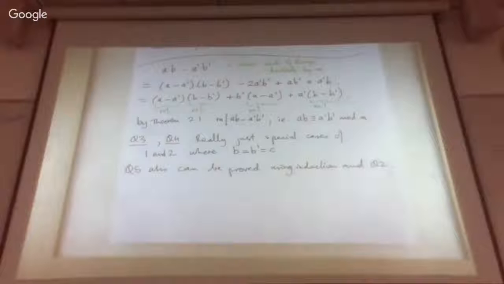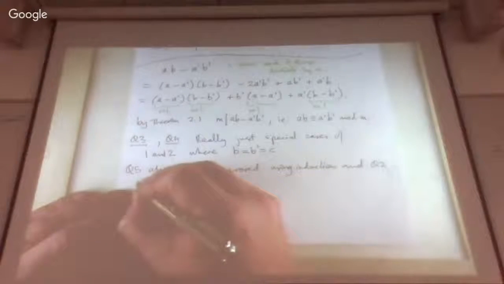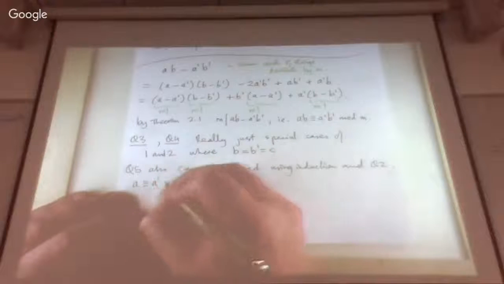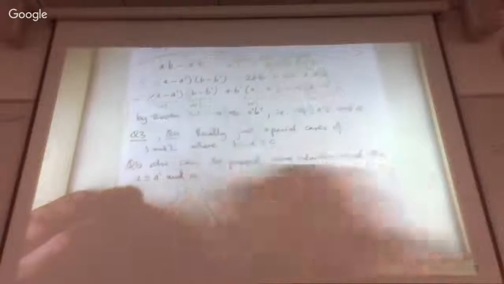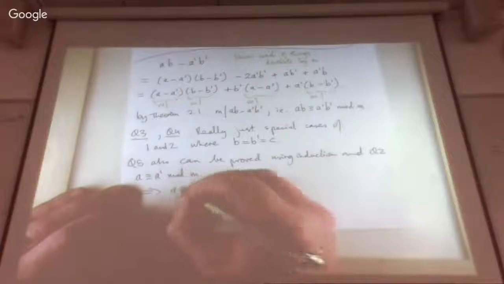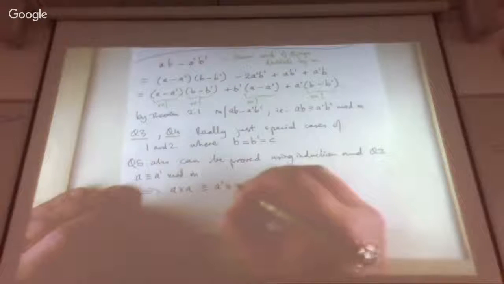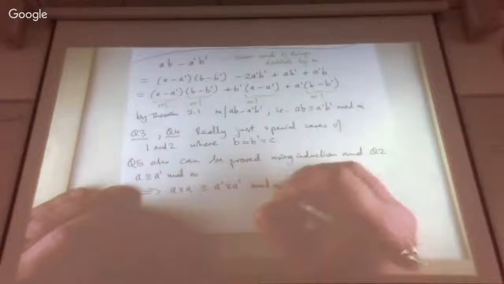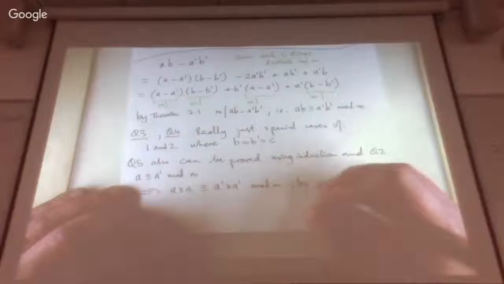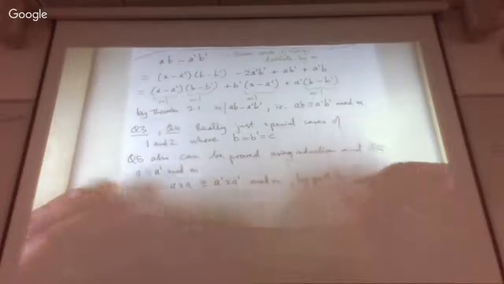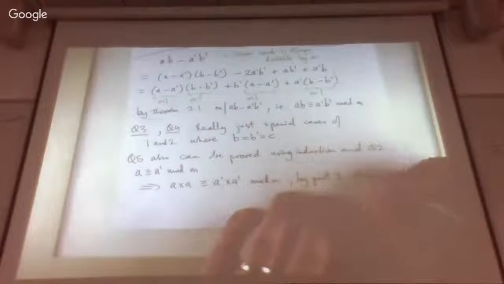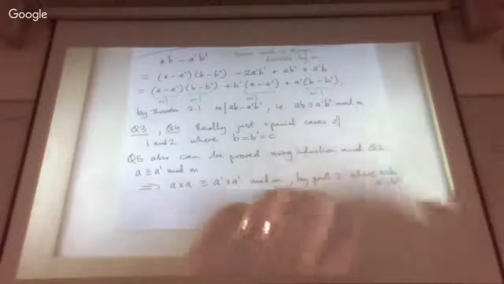But that's just an example of using the multiplicative rule. So if A is congruent to A prime modulo n, by part 2, that implies that A times A will be congruent to A prime times A prime mod n. That's by part 2, where A equals B and A prime equals B prime.